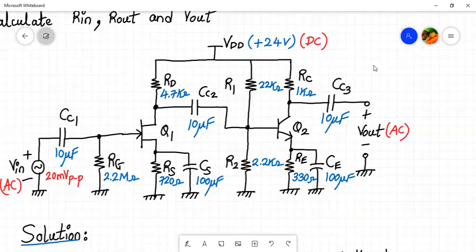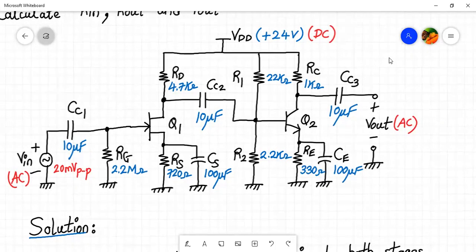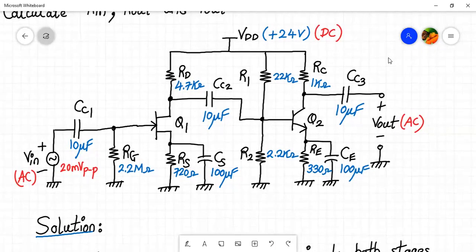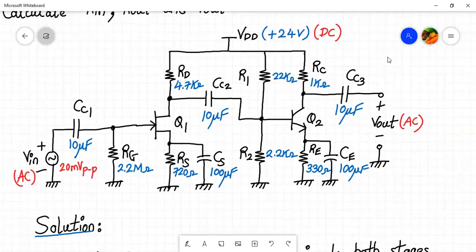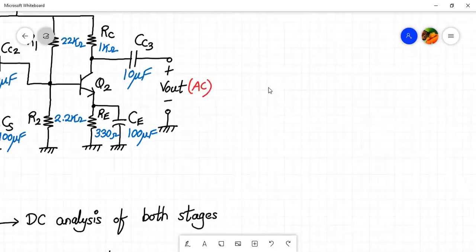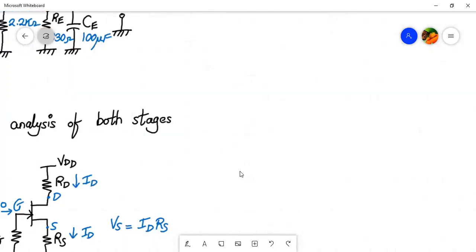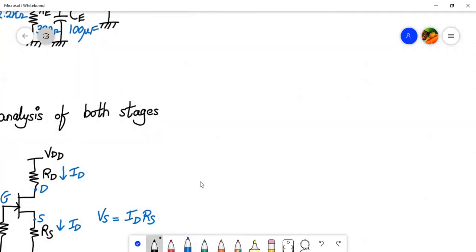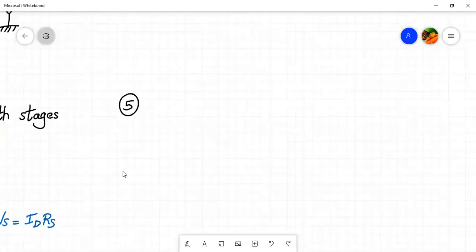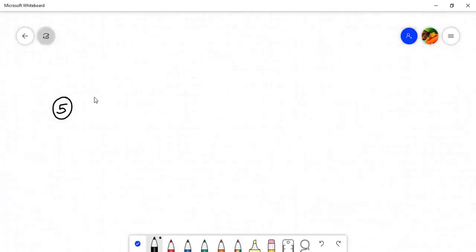To calculate the voltage gain, we need to draw the mid frequency small signal equivalent circuit. We'll start over here itself, leave some space and write point number 5. We call this mid frequency.